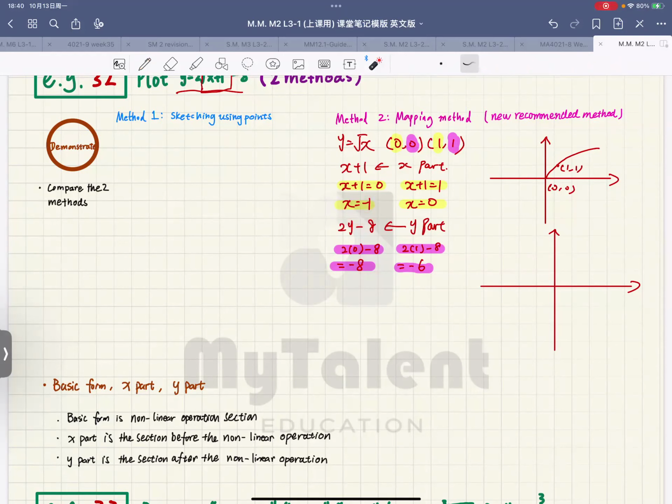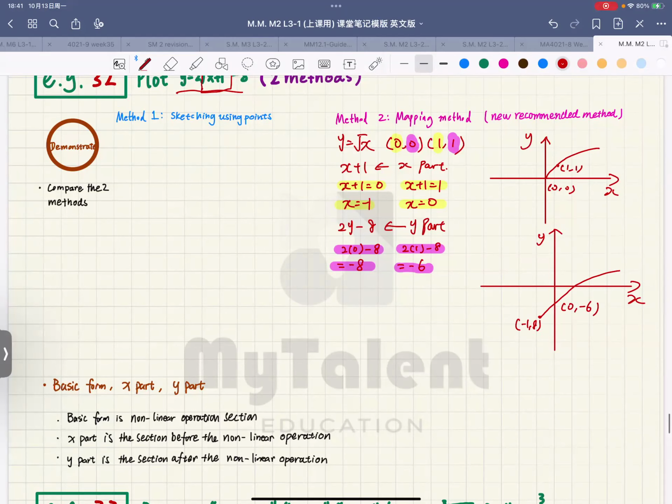So we have -1, -8, somewhere maybe here, and we have 0, -6. And the graph will be like this. That's -1, -8. That's 0, -6.